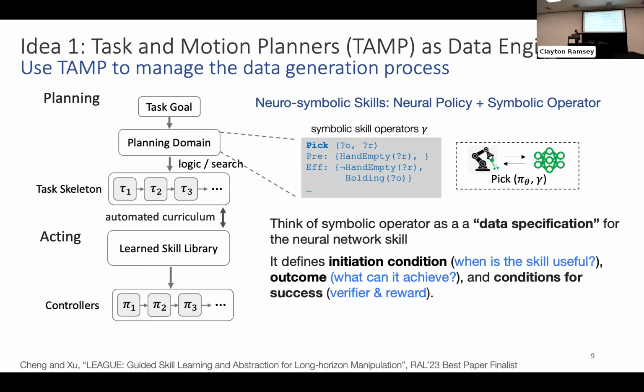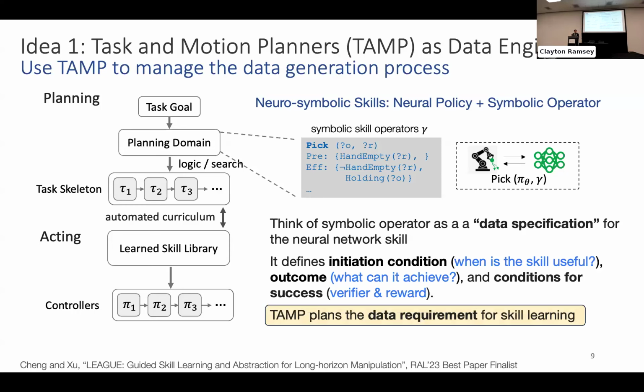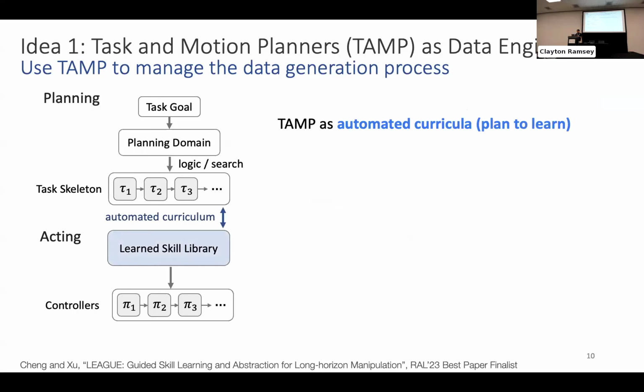The operator defines the initial condition, the outcomes, like what it achieved, and the conditions for success, right? That can be used as verifiers or reward functions for reinforcement learning. And really, through these symbolic operators, TAMP isn't just planning to solve this task, it's planning the data requirement, like what data to generate to learn skills. And that forms the basis for using TAMP really as an automated learning curriculum.